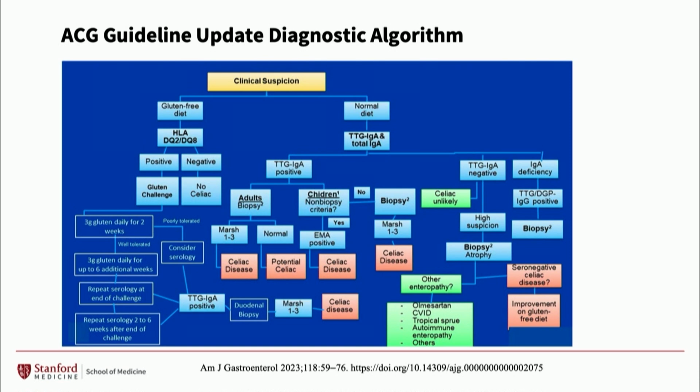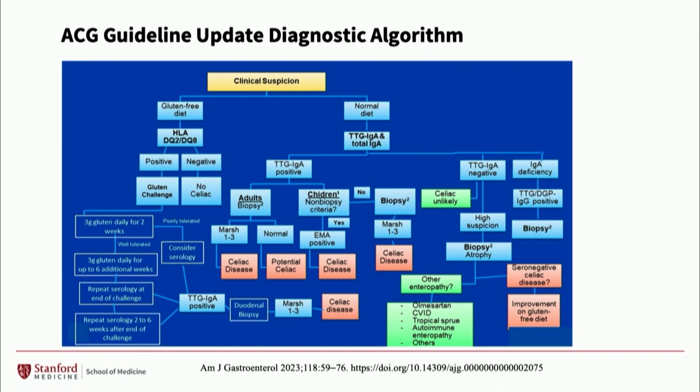Okay, so this is a busy slide, and I'm not going to go through the entire algorithm. The purpose of this is to show that, first, if the patient's on a gluten-free diet, HLA typing is helpful because it could help you decide whether to do a gluten challenge or to exclude celiac disease.